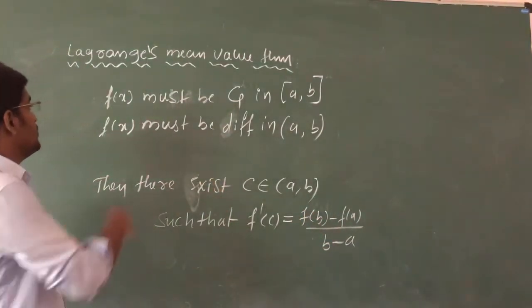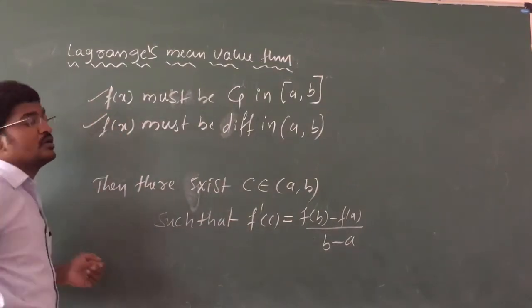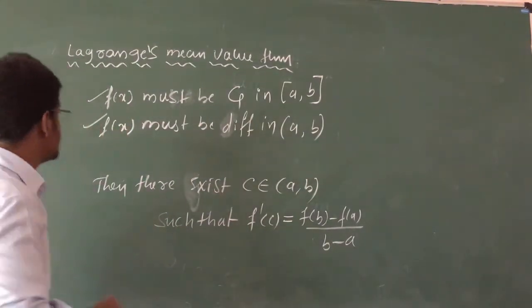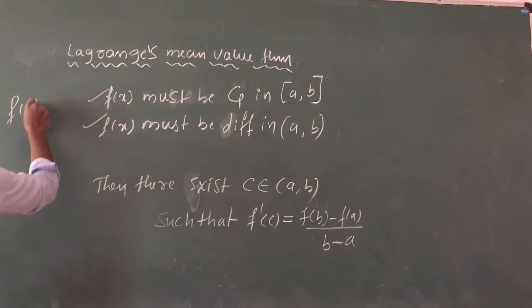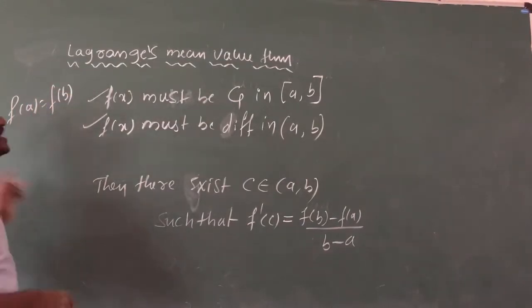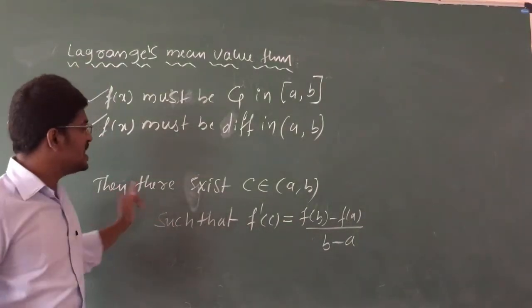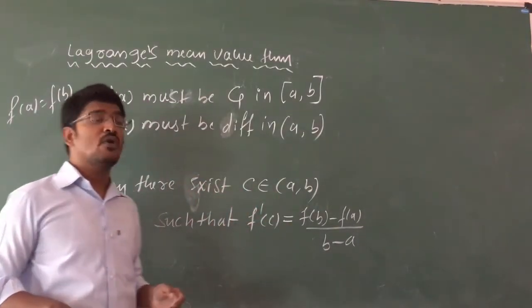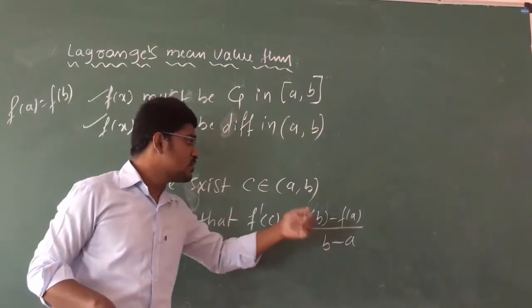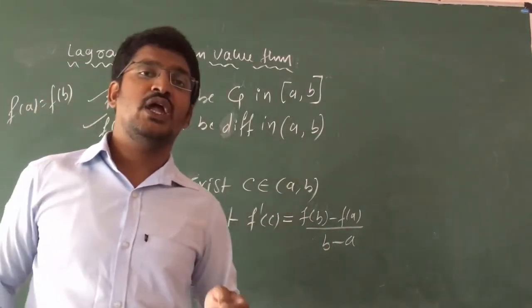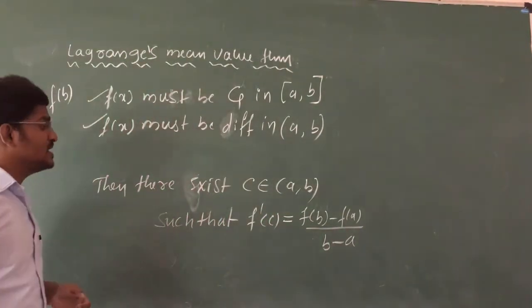In Rolle's theorem, the third condition is f of a equal to f of b. That thing here we are not going to verify. Directly we will go for: there exists C belongs to the open interval (a, b) such that f dash of C equals f of b minus f of a divided by b minus a.